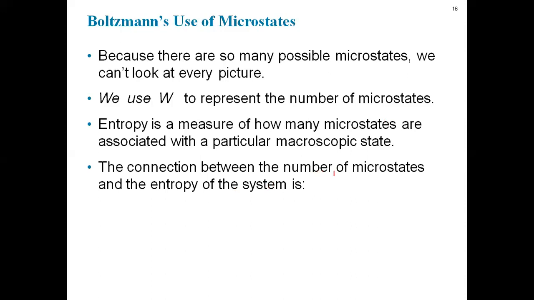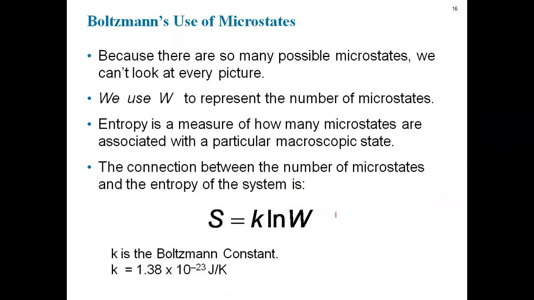The connection between the number of microstates and the entropy of the system is given by the Boltzmann equation, S = k ln W. S is entropy, k is the Boltzmann constant, and W is the number of microstates. As we said, you don't have time to look at every possible state, but you can use some calculation to find the number.